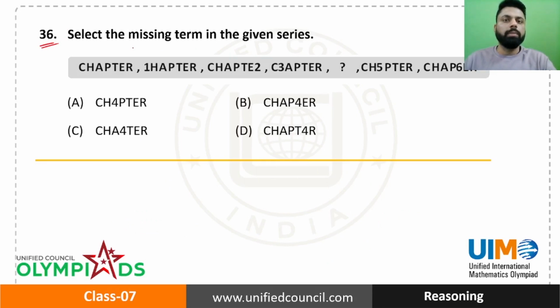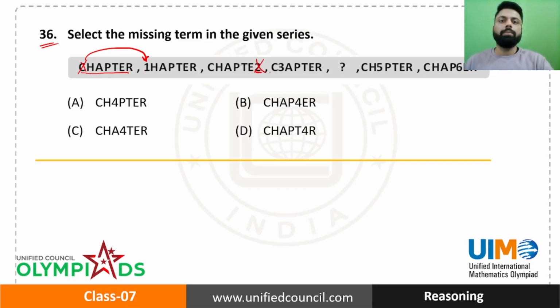Select the missing term in the given series. So see, this is CHAPTER, then we are replacing the first letter by 1 and HAPTER as it is. In the second one, we are placing everything as it is, but we are replacing this value by 2.